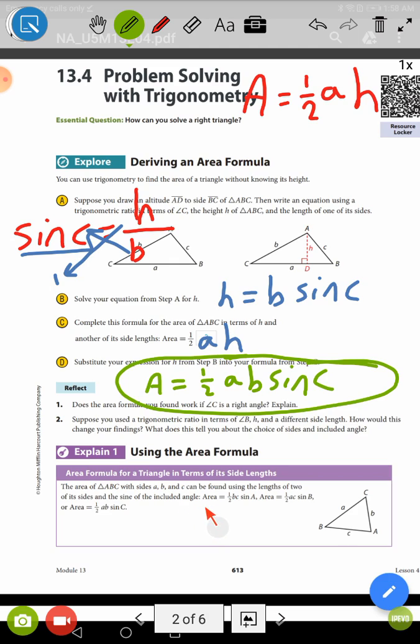If we want to use sine B, we will use c and a. If we want to use sine C, we will use a and b, and so on.